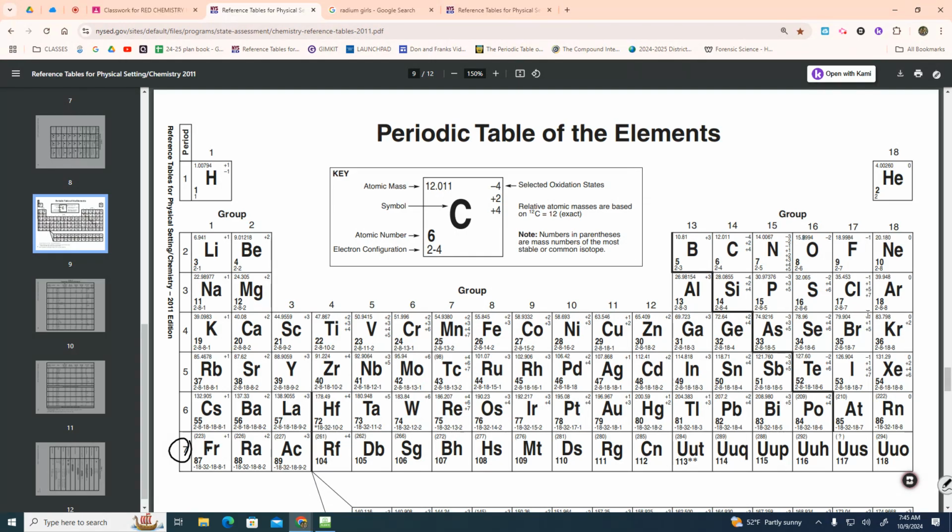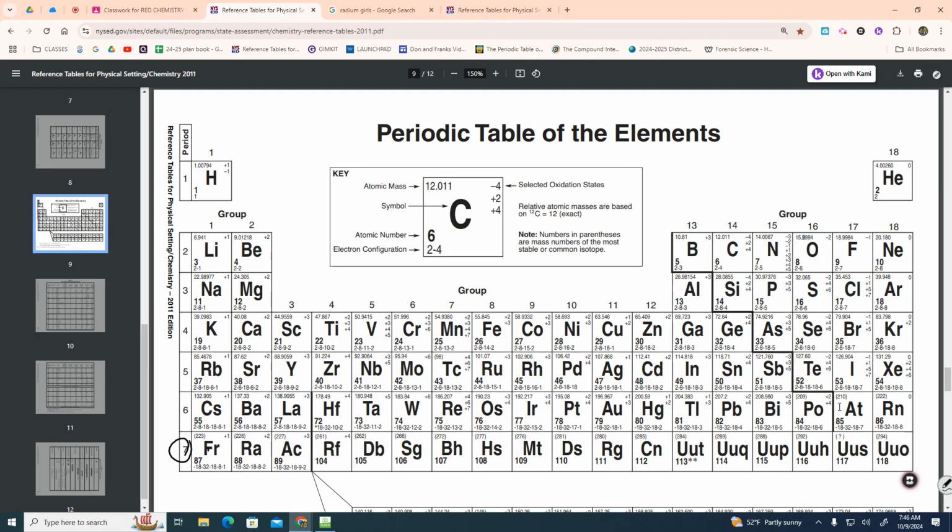Now, out of this group 17, which one is the most reactive and why? Think about what the halogens want to do. Do they want to lose electrons or do they want to gain electrons? Well, reactive because the electrons are closest to the nucleus. Very good.